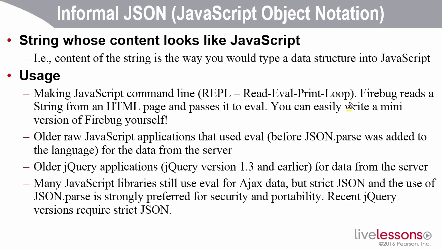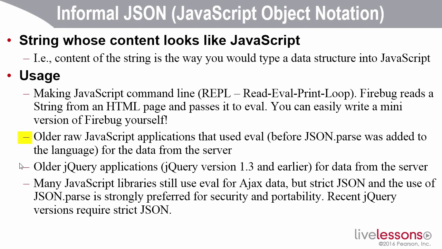Now, older applications did. In raw JavaScript applications that didn't use a library like jQuery, people used eval because JSON.parse wasn't part of the language until a couple of years ago. And so early web applications that did use JavaScript had no choice.